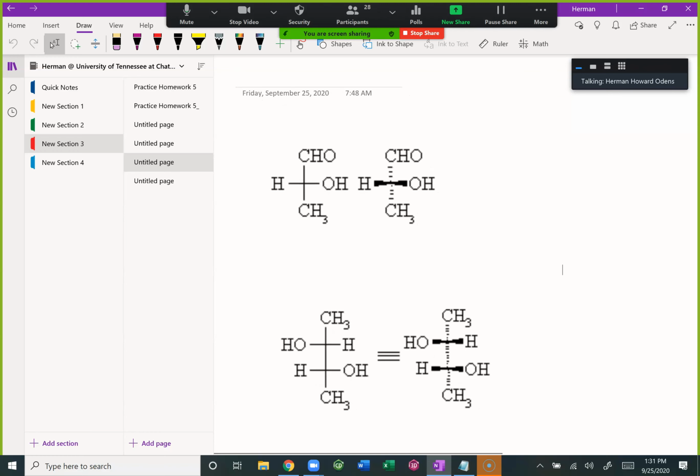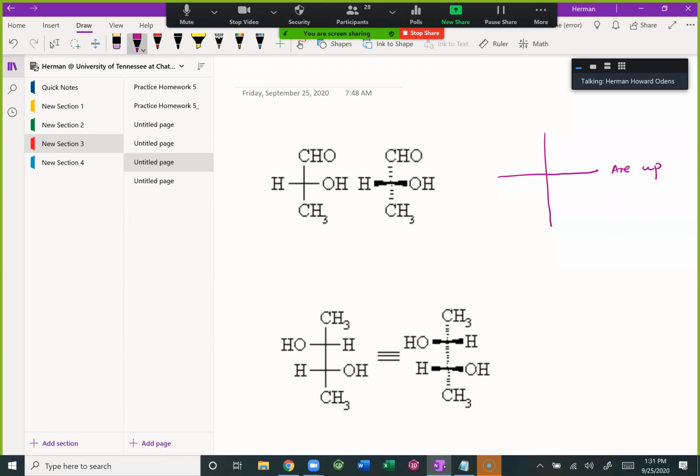All right, so this is a Fischer projection of glyceraldehyde. Notice that any atoms in the horizontal are up. So the atoms in the horizontal are up.